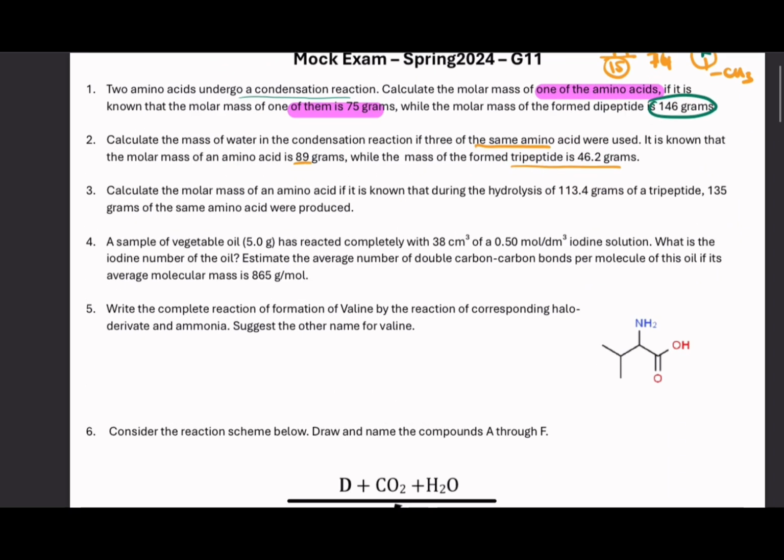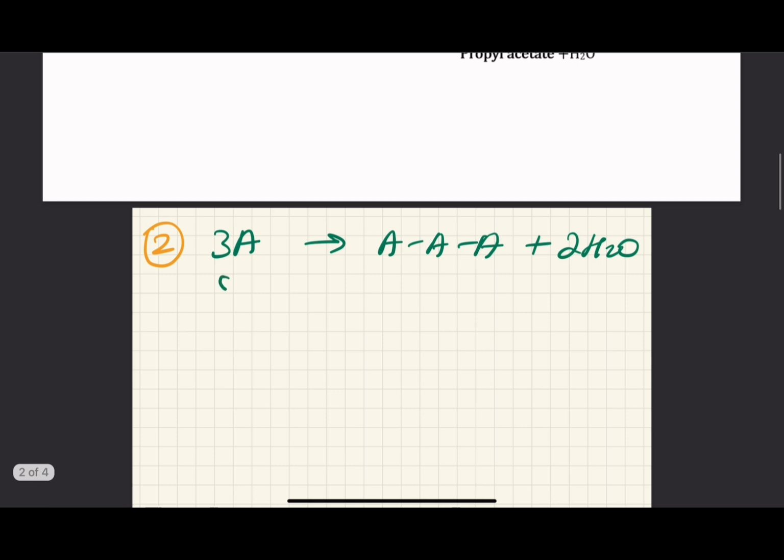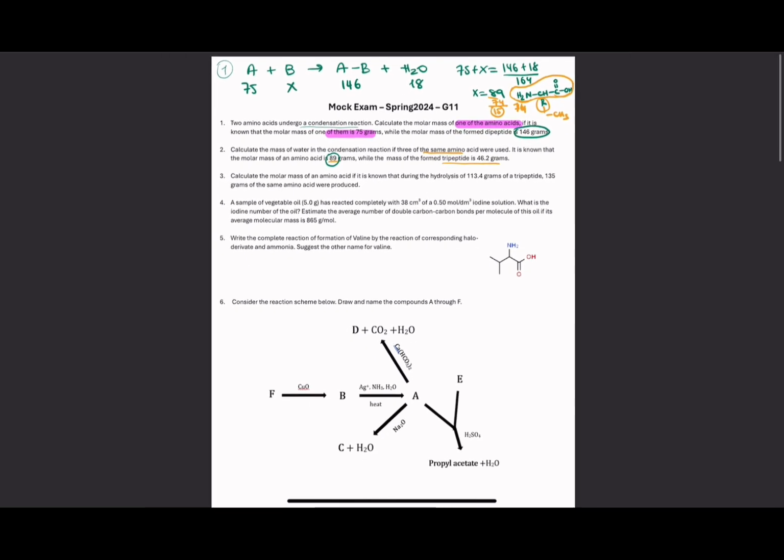So we have the same amino acid adding up 3 times, so 3A giving you A3 plus 2 water. Now we have the amino acid which is 89 grams, so this would be 89 multiplied by 3, and it says the mass of the formed tripeptide is 46.2 grams.